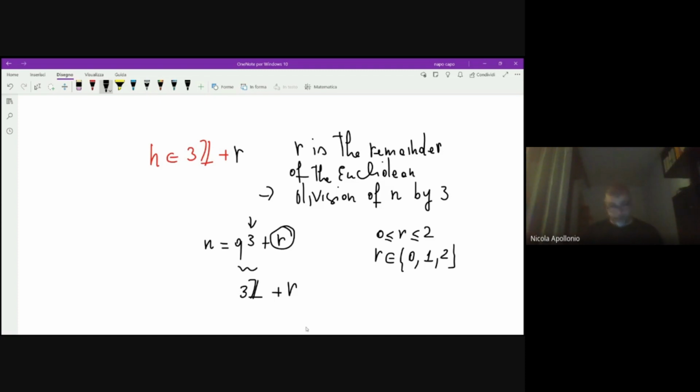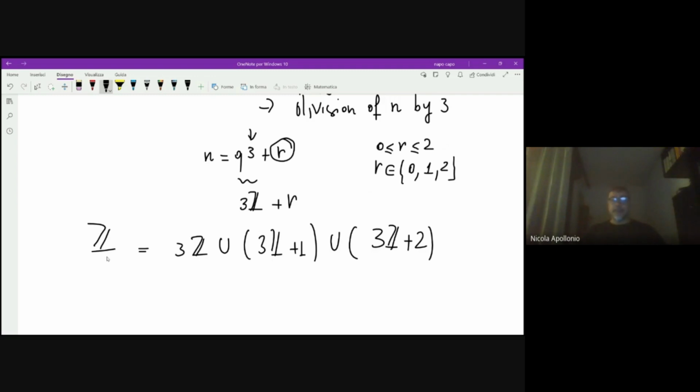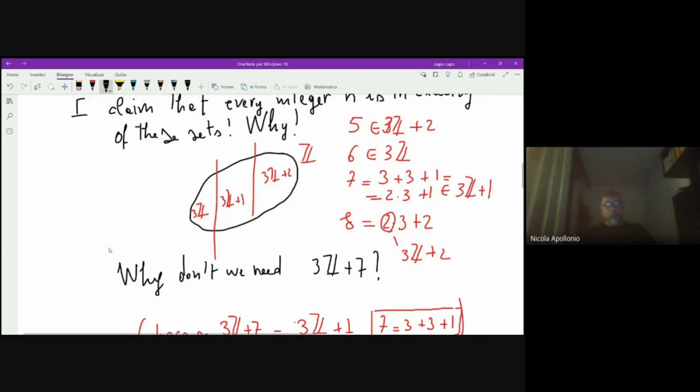So we proved that 3Z union 3Z plus 1 union 3Z plus 2 is Z, which is the meaning of this picture here, which gives you a pictorial flavor of what a partition is.